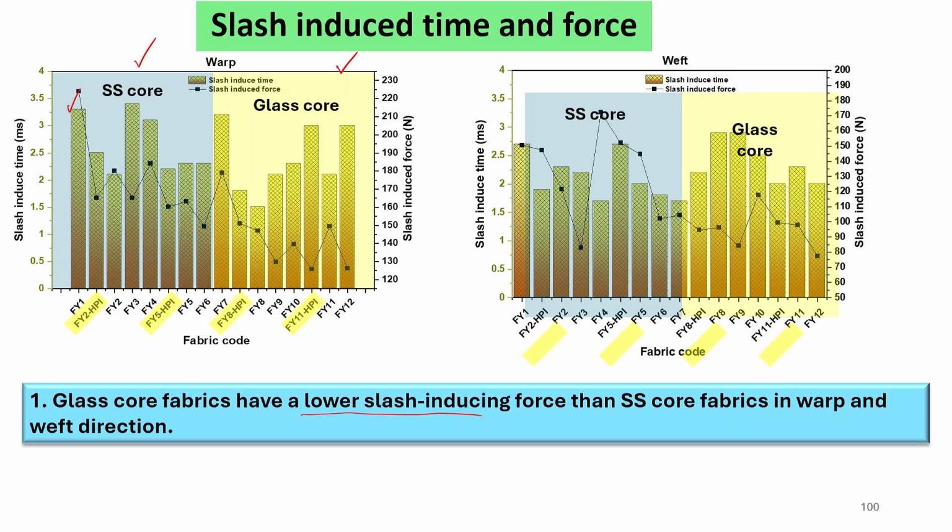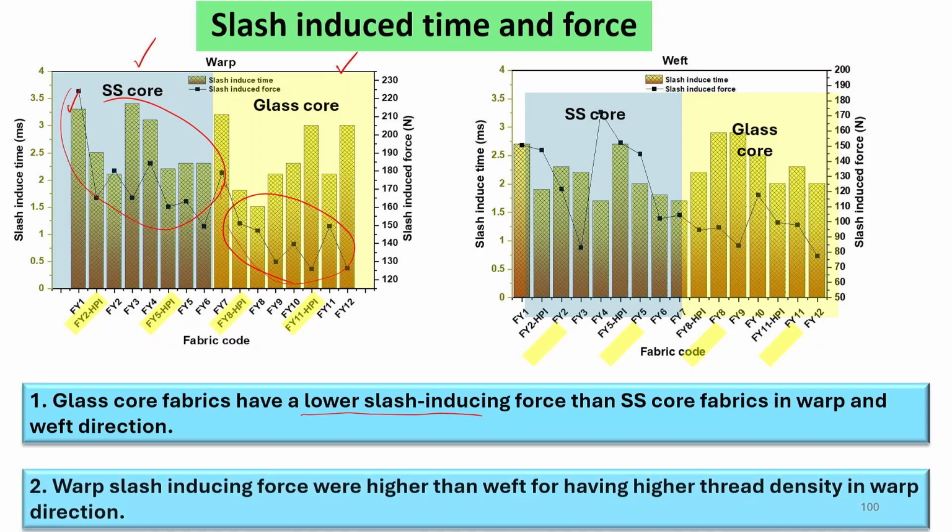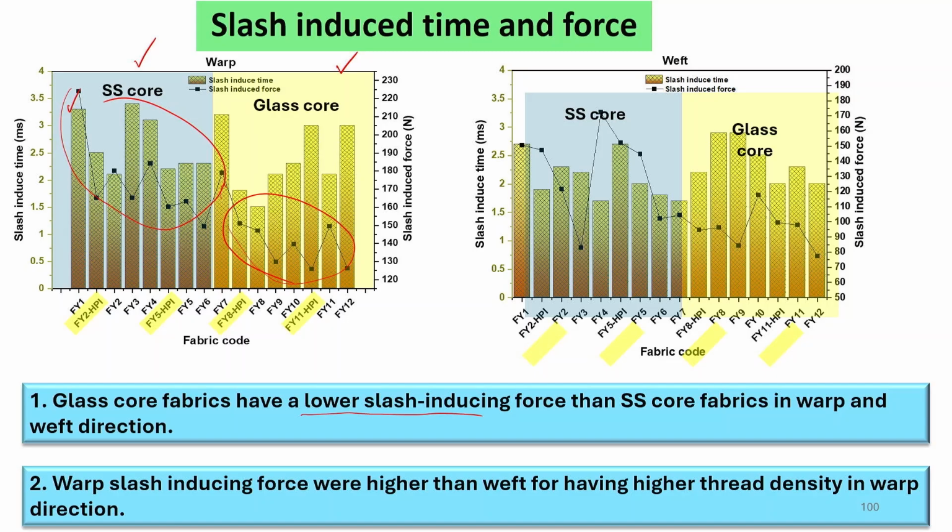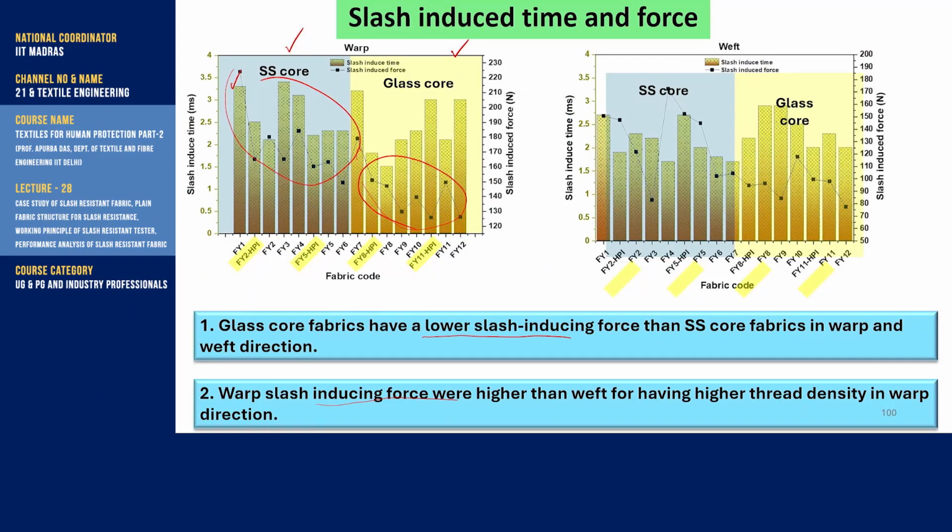We can see glass cores have lower slash inducing force than SS core, which has a little bit higher in both warp and weft direction, and warp slashing force. So, the slash inducing force were higher than the weft, having higher thread density.